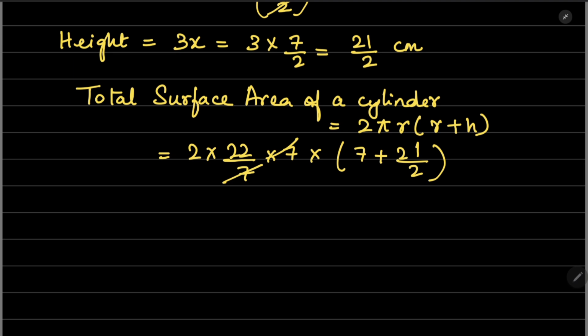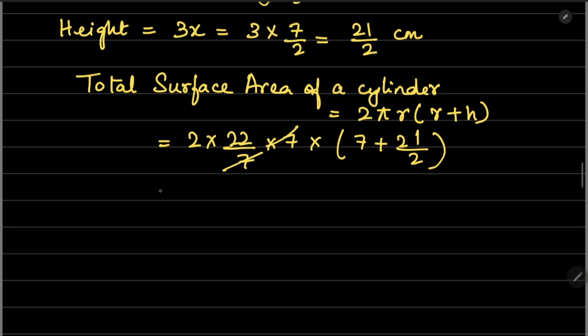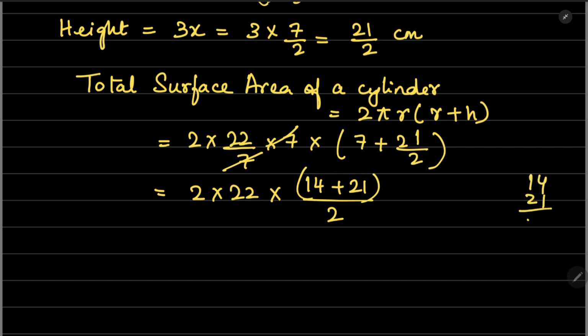Just add whatever is coming inside. So this is nothing but 2 into 22 multiplied by, the LCM is 2, you have 14 plus 21. Okay, so what is 14 plus 21? 14 and 21, 35 by 2.